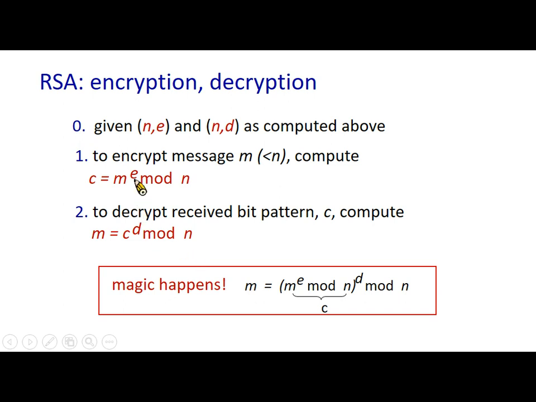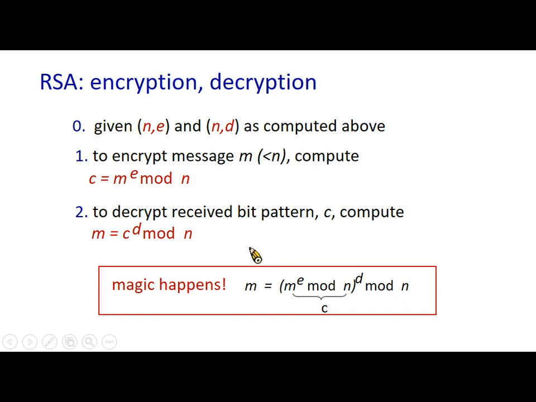So public key encryption is based on n and e to get c, and decryption applies d and mod n to c.